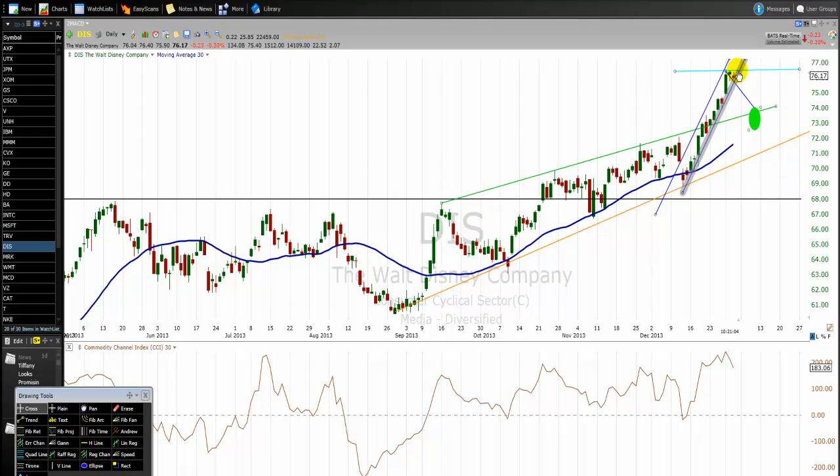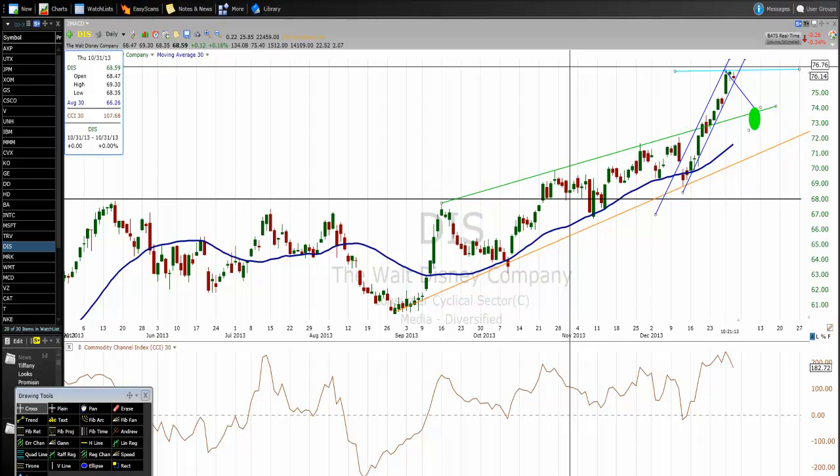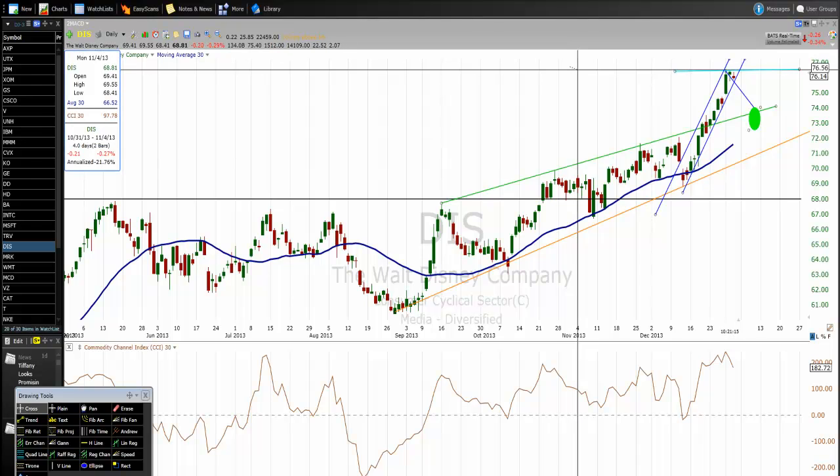I would prefer the price to go above the horizontal turquoise line here. So I would say priority to bullish signal above the level of 76.56, and priority to bearish signal below 76.56. That's all I can say about Walt Disney at this point in time.